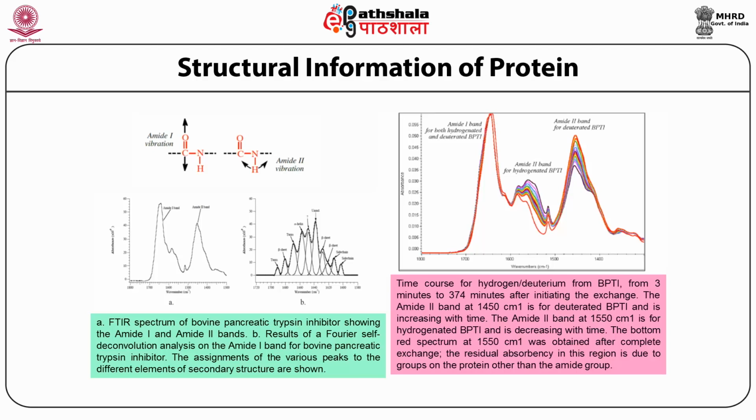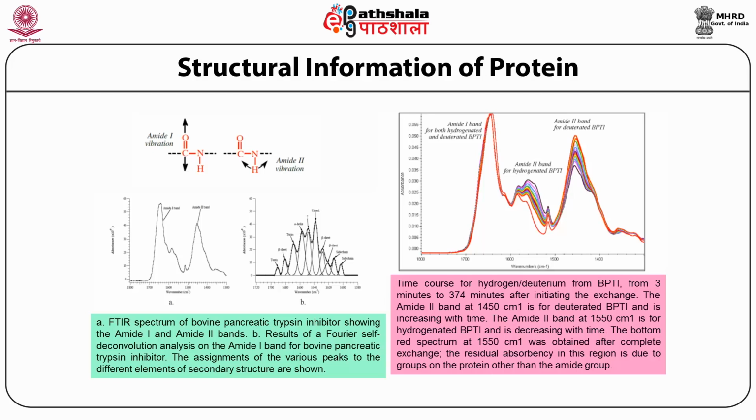The amide 2 band at 1550 per centimeter is for hydrogenated BPTI and is decreasing with time. The bottom red spectrum was obtained after complete exchange. The residual absorbance in this region is due to groups of protein other than the amide group.